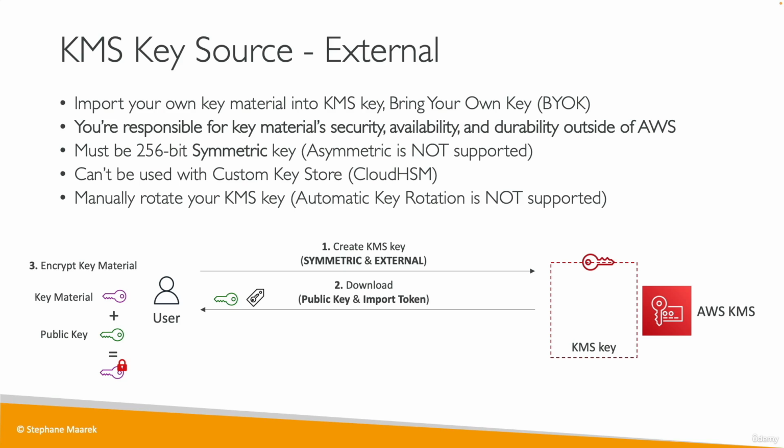Now this encrypted key material can be sent back to the KMS service using the import token, and then KMS will use a decryption mechanism to get the key material and store it in your KMS key. So this is the process to import external keys in KMS.